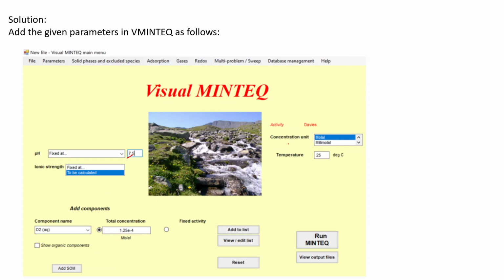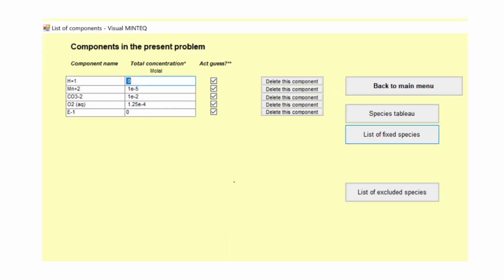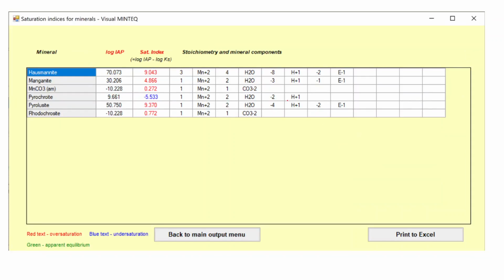We are putting the concentration unit, oxygen and every other thing we'll add. So this is all the added components: H plus, Mn, carbonate, oxygen, everything. Then we will give the stoichiometry and mineral components. So rhodochrosite is the possible solid.